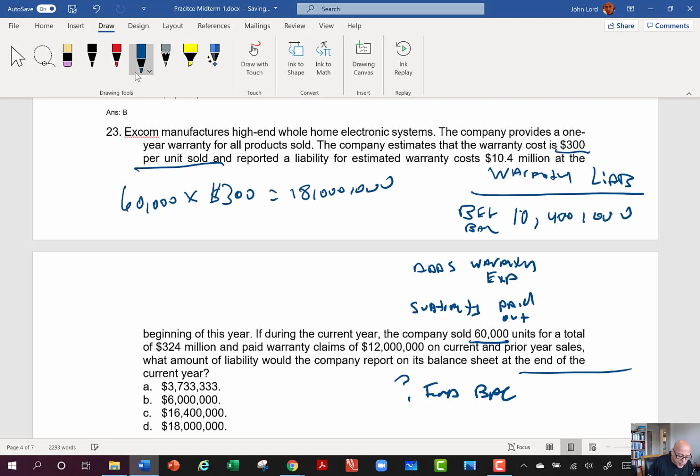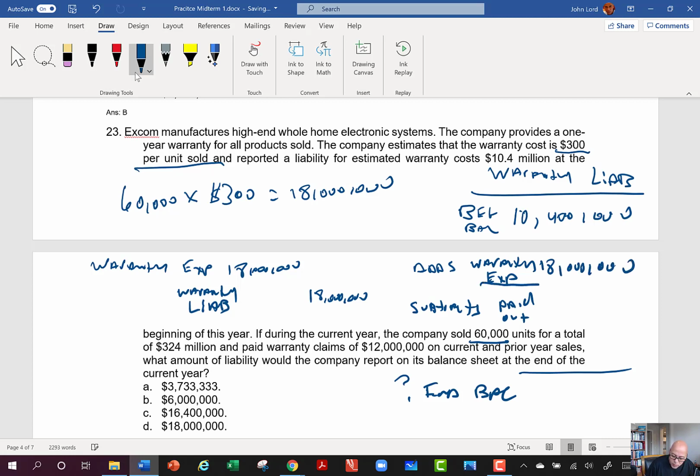So what are they going to do? They're going to debit, because we match it with our sales, warranty expense 18 million. And they're going to credit the liability for 18 million. So when they credit that liability for 18 million, my numbers add up, but they don't line up.